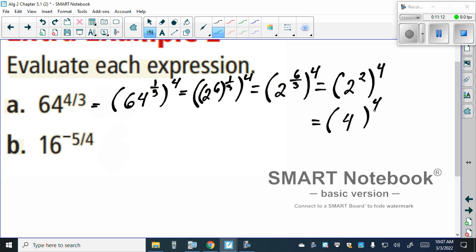So it took us 1 step further down, but we still get back to the same place. And lastly, we have to do 4 to the 4th. Six, carry the 1. I think it's 256. But we could have also done 64 to the 4/3, and it would have told us that it's 256.